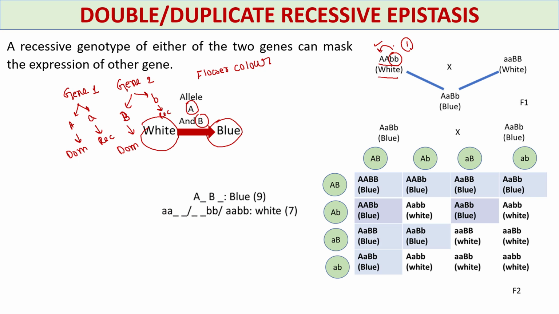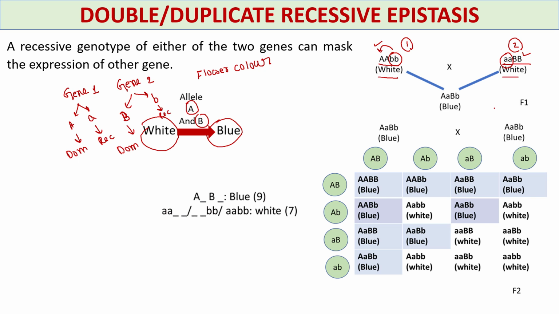The other parent is small a, capital B. It is also white because it has two recessive small a alleles, and it masks the expression of gene 2. Therefore, it is called double or duplicate recessive epistasis, because two recessive alleles of a gene duplicate the same action of the recessive alleles of a second gene and vice versa.